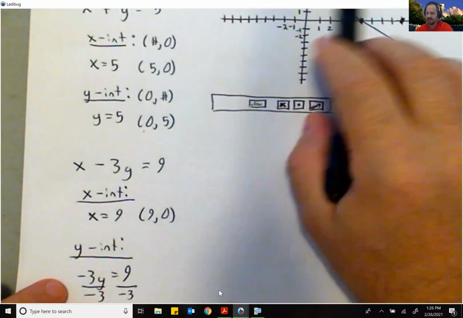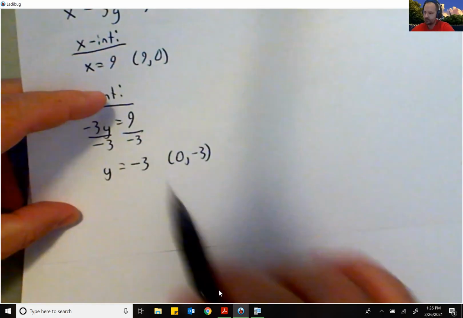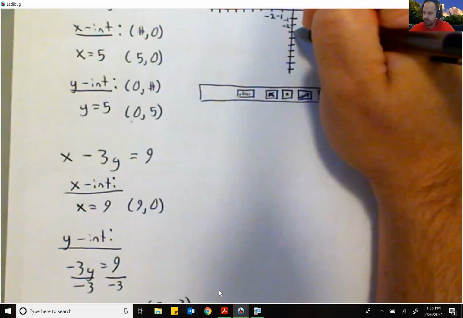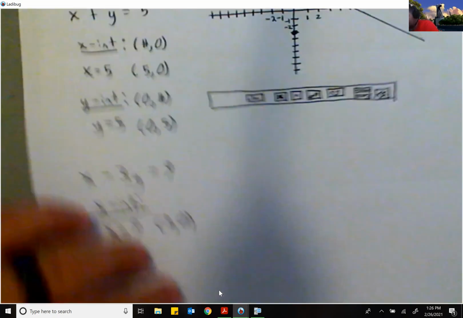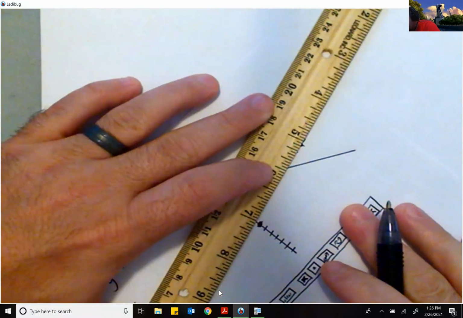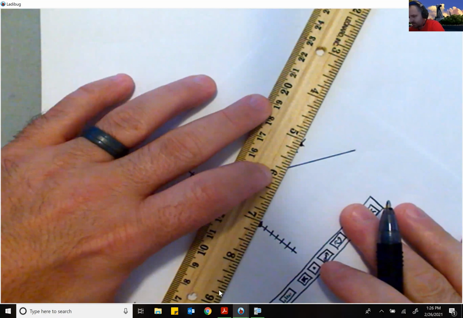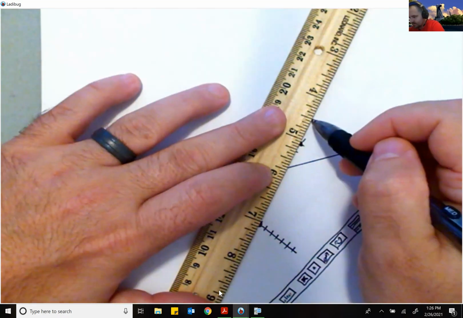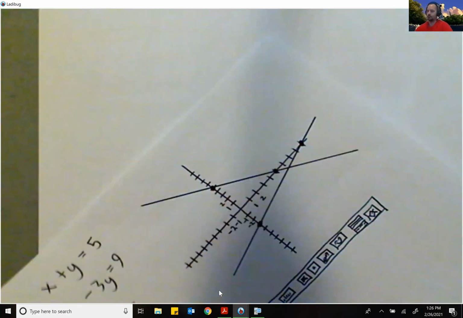I have to do my second click, which will be 0, negative 3, and my line will solidify. Give me just a moment to get this as best as I can. There we go.